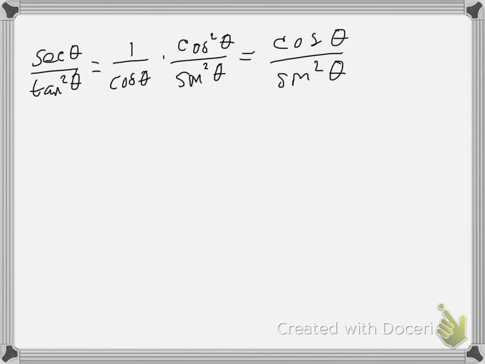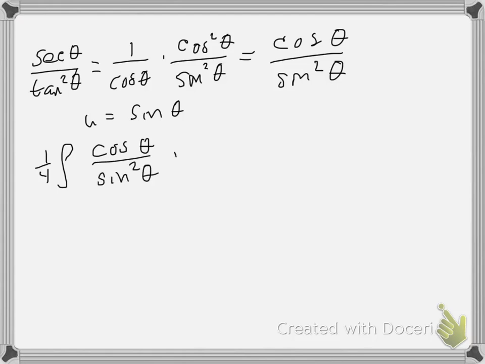Therefore, making the substitution where u equals the sine of theta, we're going to have 1/4 the integral of cosine theta over sine squared of theta d theta, which is equal to 1/4 the integral of du over u squared.